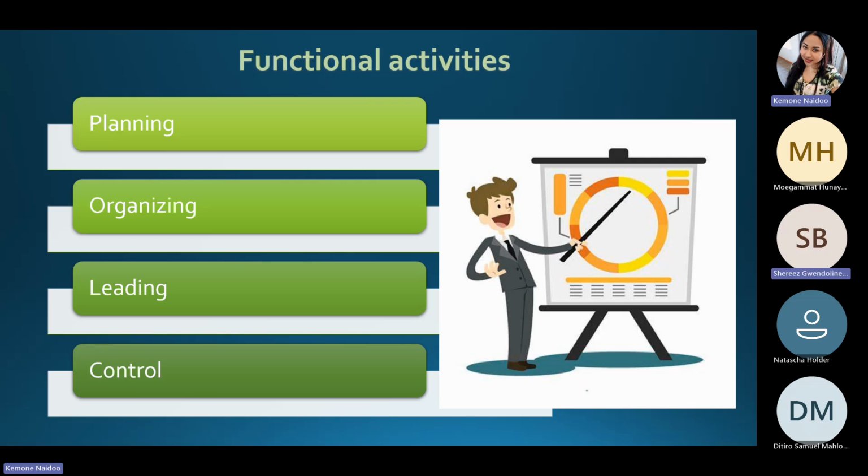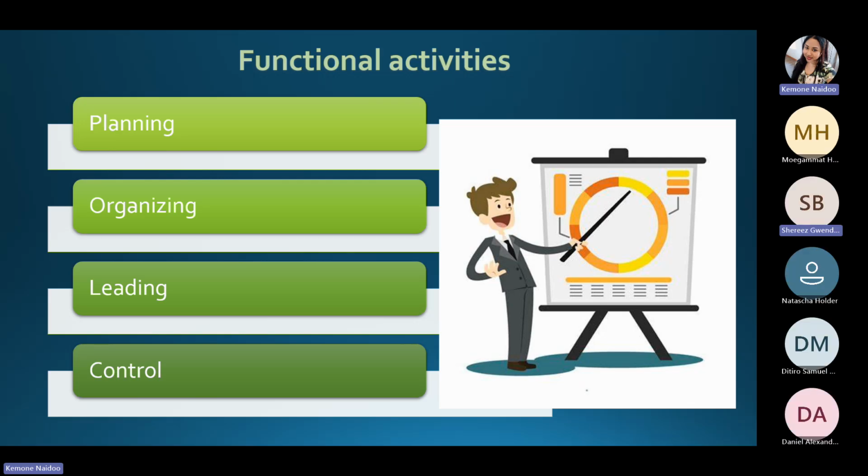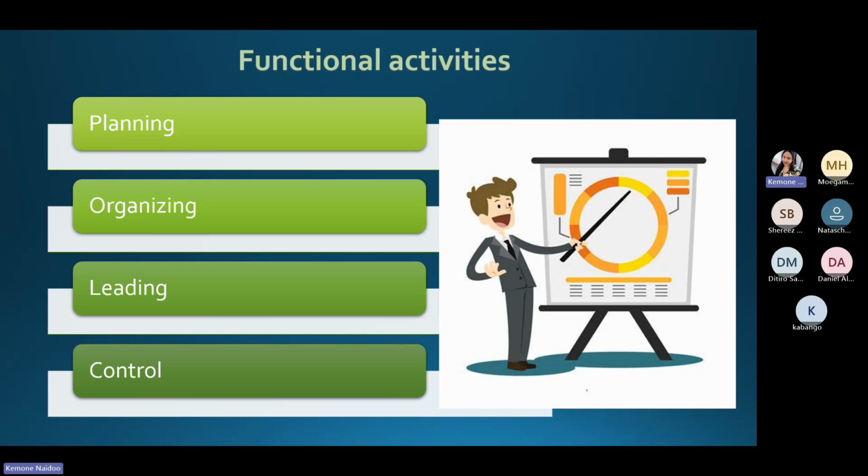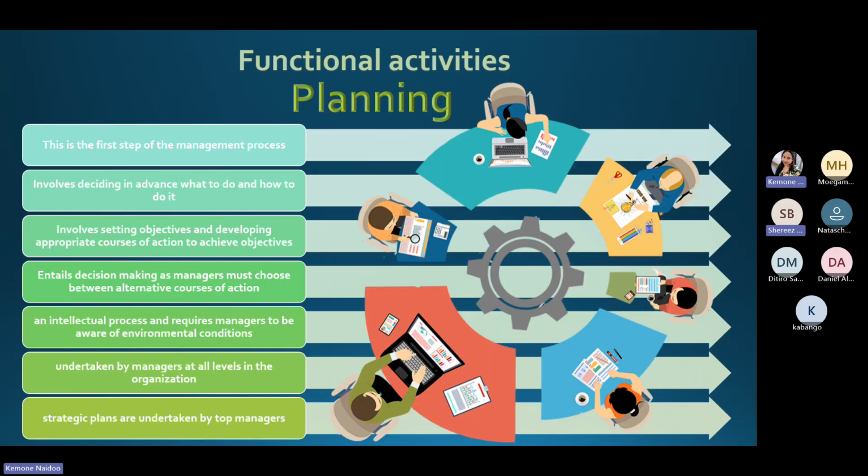So, as I was saying, when it comes to management, you have four main functions, and these functional activities will be very prevalent throughout the business. Regardless of whether you are top, middle, or lower management, you will always have responsibilities in terms of planning, organizing, leading, and controlling.